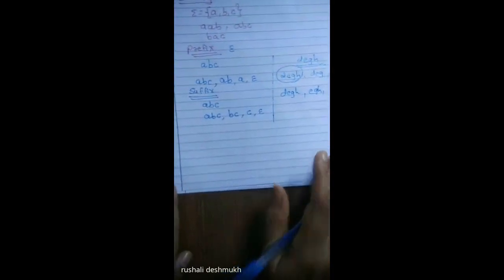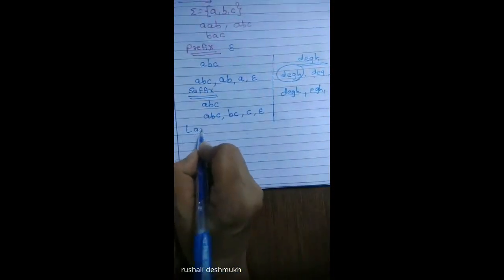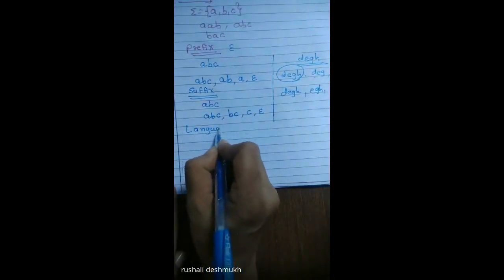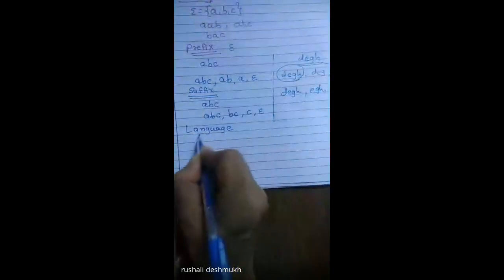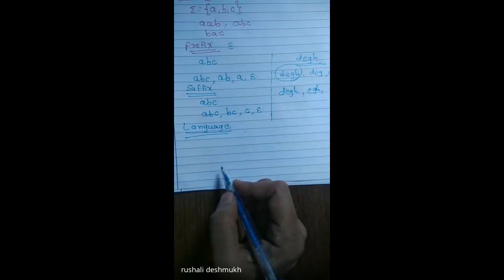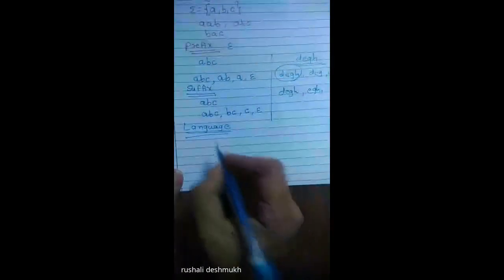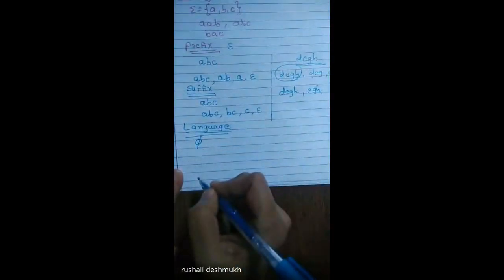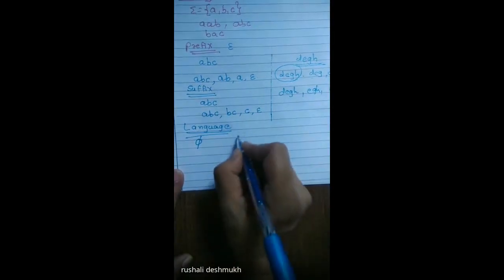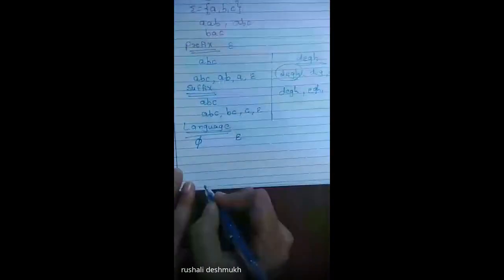Now the next terminology is language. What is the language? Language is a set of strings comprising symbols from one alphabet. Let phi indicate the null set, and empty string is denoted by epsilon.